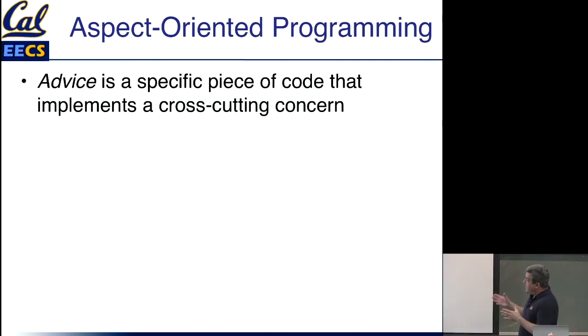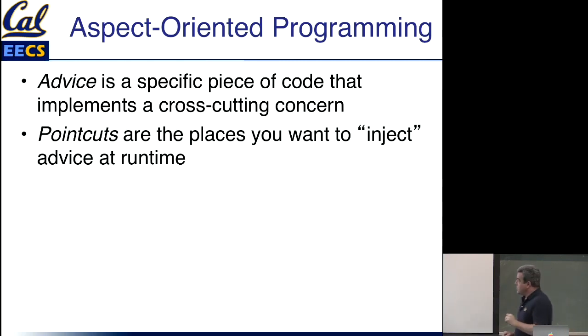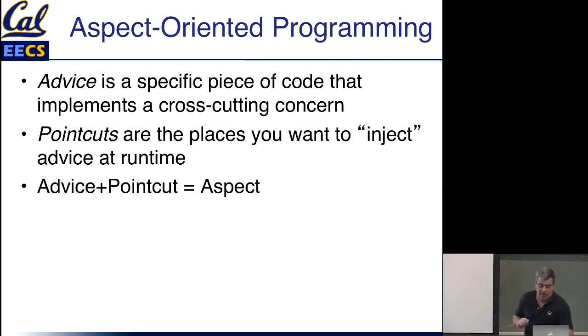So advice is a specific piece of code that implements a cross-cutting concern, like the code that checks whether the movie's title is 40 characters or less. Point cuts are places in the app where at runtime you would like that code to take effect. And if you put together the advice plus a point cut, that's called an aspect, hence aspect-oriented programming.